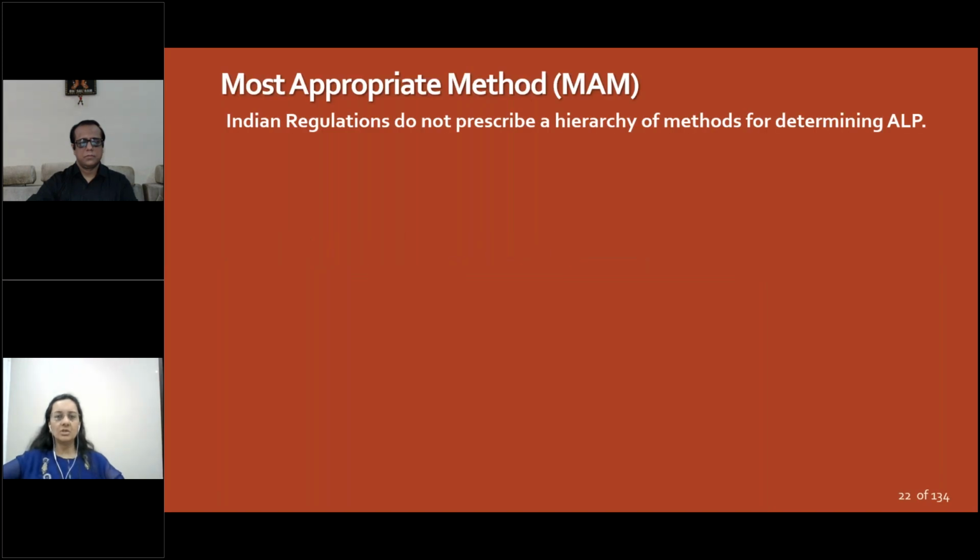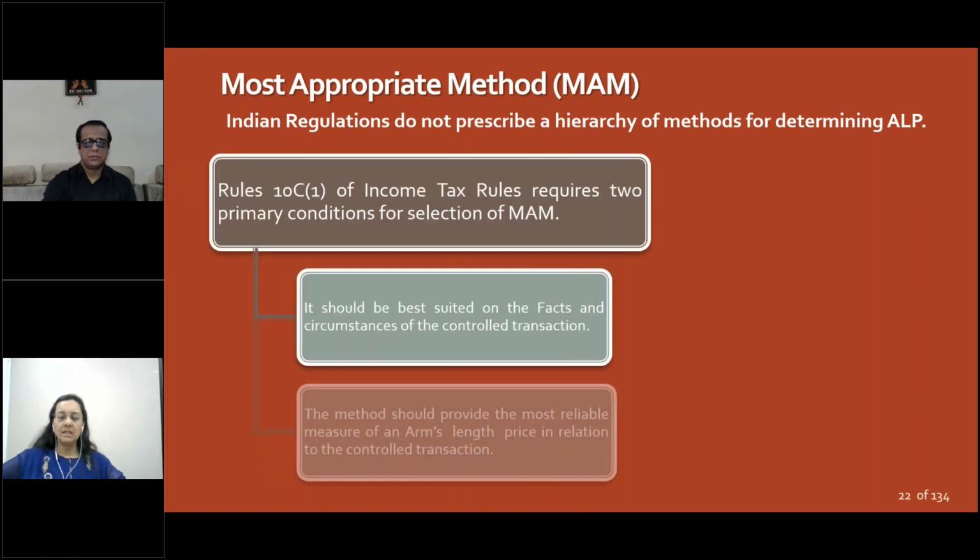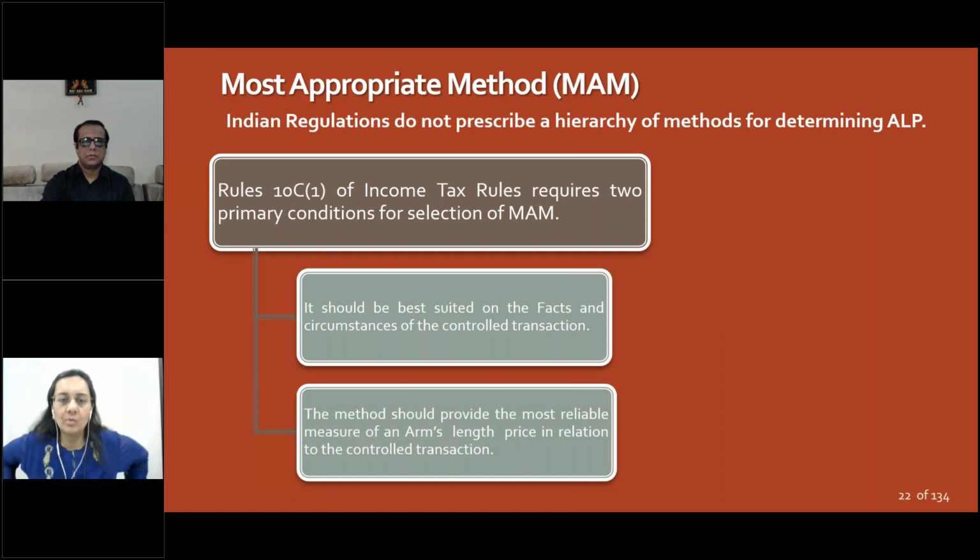The next is most appropriate method. Now, how do you determine what is the most appropriate method? Luckily for us, this is also defined in our rules. So Rule 10C tells us what is the most appropriate method. Our law does not give any hierarchy of methods. So it doesn't say that you should apply CUP over TNM or TNM over CUP or any of the other methods.